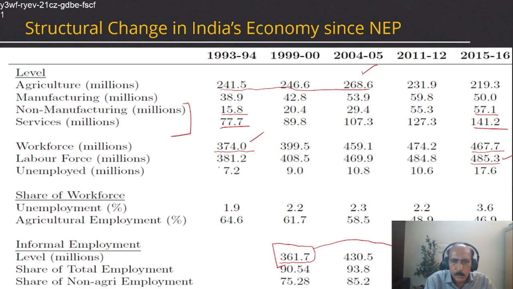And that's why you see that the unemployment rate, which was 1.9%, has only increased to 3.6% in 15-16 as per the NSSO.